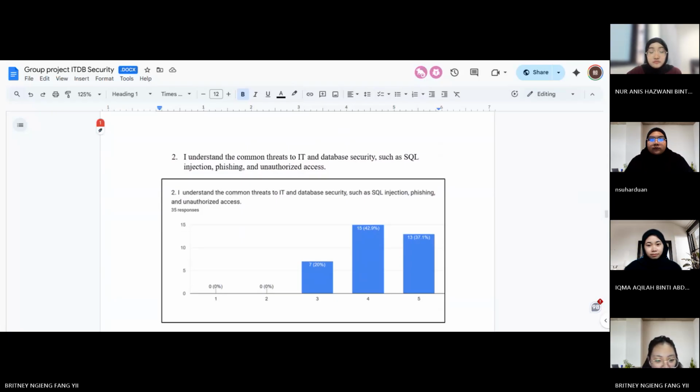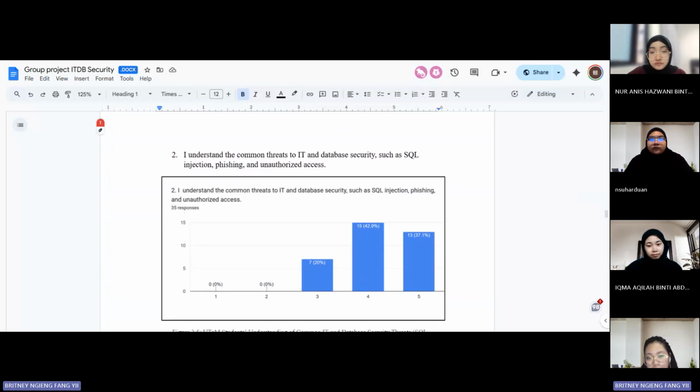This shows that the practical hands-on experience they have in UTeM is very good for their understanding of the common threats to IT and database security.